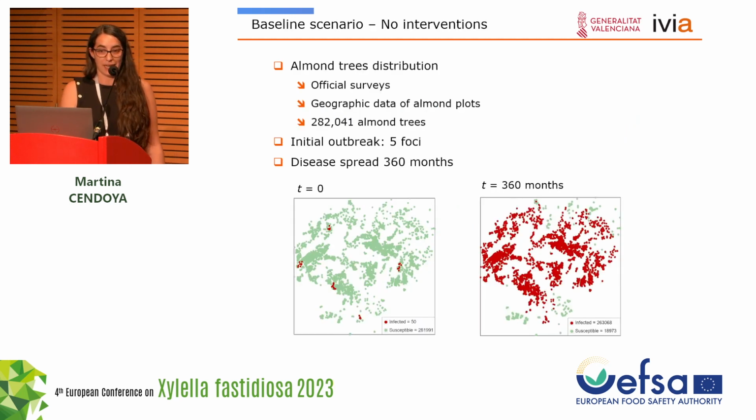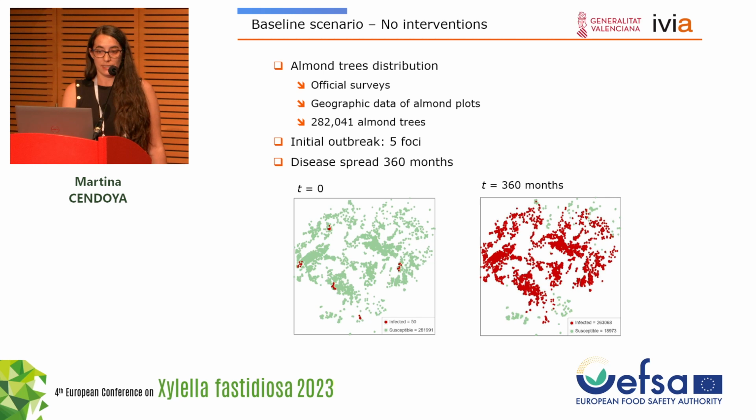As the baseline scenario, without any interventions, we designed the distribution of the almond trees based on the official surveys and also on the geographic data of almond plots. We start with an initial outbreak of 5 foci, and this pattern can hypothetically represent an introduction of propagating plant material.